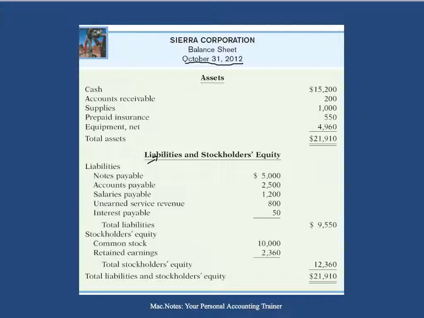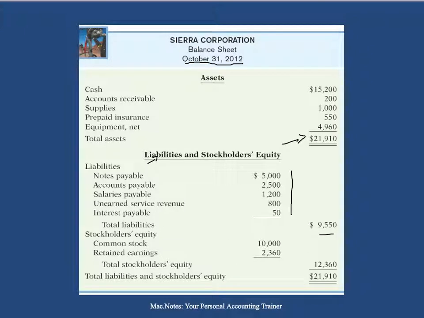The assets are listed first, cash being the first one, accounts receivable, supplies, so on. So I have total assets $21,910. Then the liabilities are listed, and you can see they move to the inside column. Carry the total liabilities out here, $9,550. Liabilities: notes payable, accounts payable, salaries payable, interest payable, everything payable.